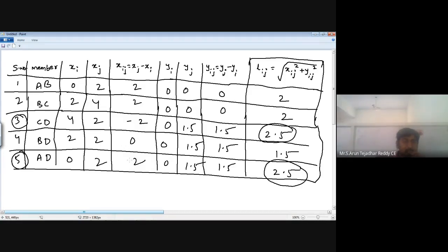After completion of finding the unknown length members, what is the next step here? In the method of tension coefficient, the first step is to find the coordinates. Second step is to calculate support reactions.